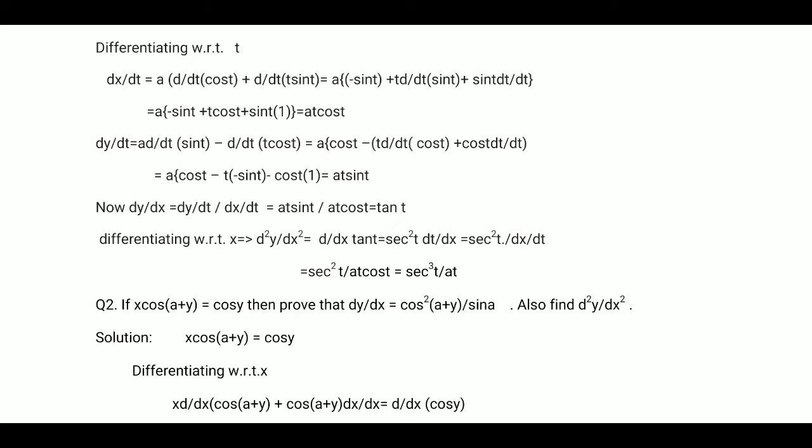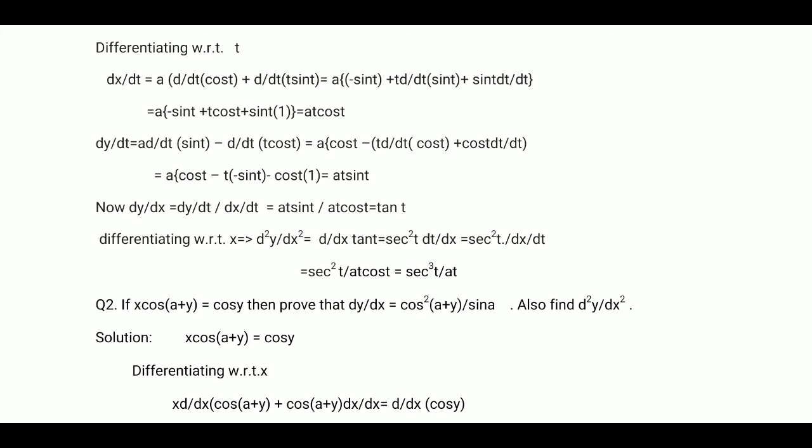Now again differentiating with respect to x, d2y upon dx2 is equal to d upon dx of tan t. Here it is a function of t and we are differentiating it with respect to x, so we apply the chain rule: sec square t, the differentiation of tan, times dt upon dx.